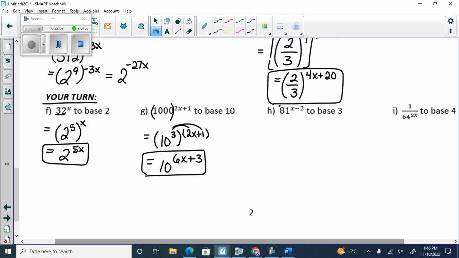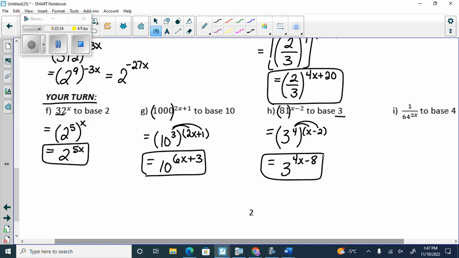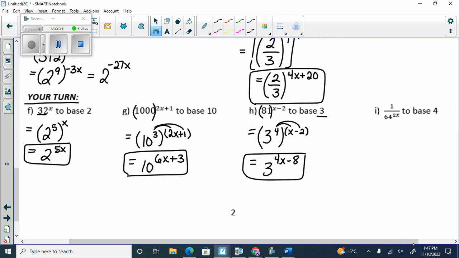Then this one, I need 81 to be base 3. 81 is 3 to the what? 3 to the 4. And then x minus 2. Then we distribute. So we get 3 to the 4x minus 8. And then here we have 1 over 64. I told you that whenever you have 1 over something, you can just draw that up and make it to the negative.